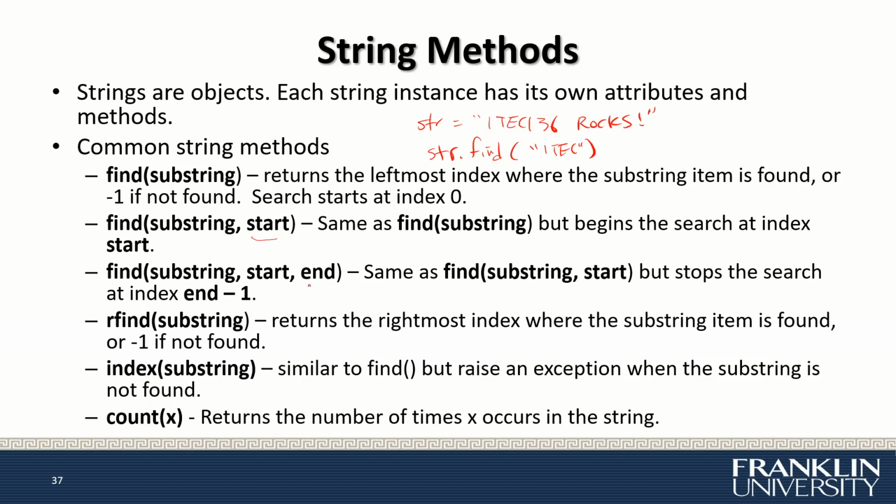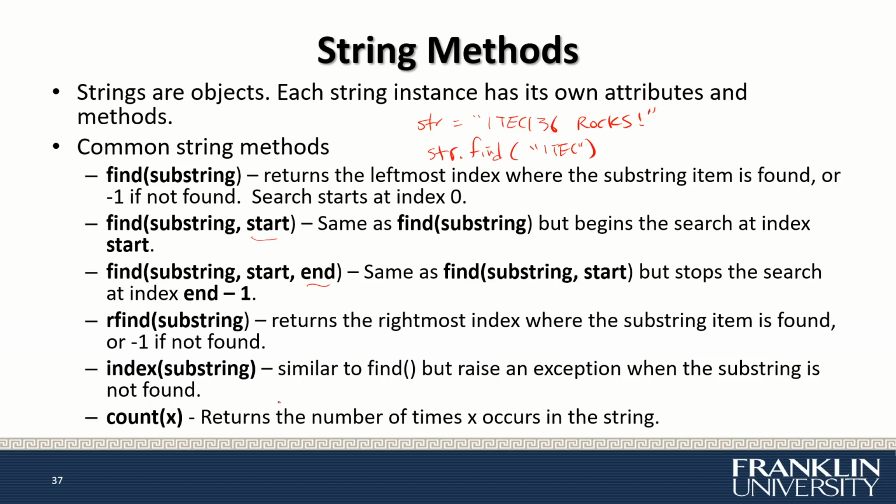You can also specify the end where you will stop searching, up to the n-1 index. The rFind is a right-hand side find. The find by itself goes from left to right, looking for the character from left to right, and the rFind looks for the character from right to left. So it will return the rightmost index where the substring is found.